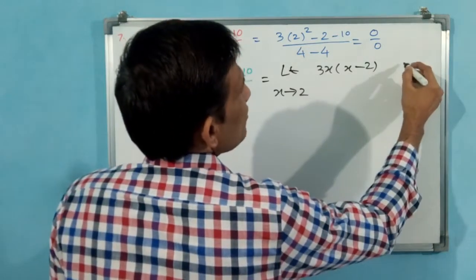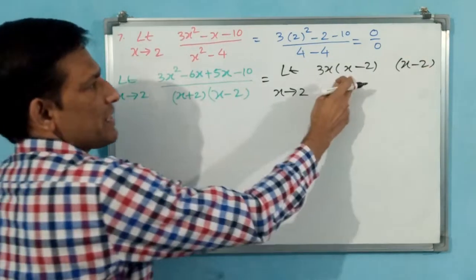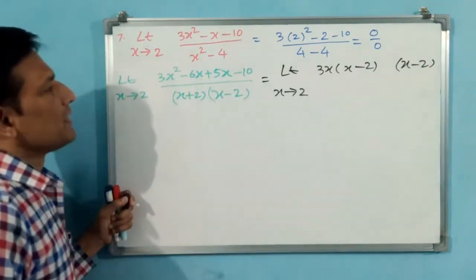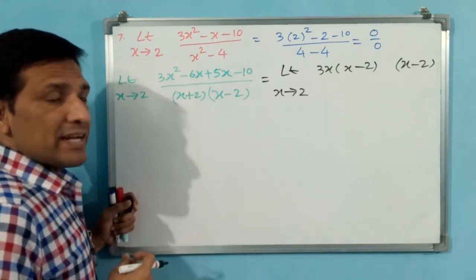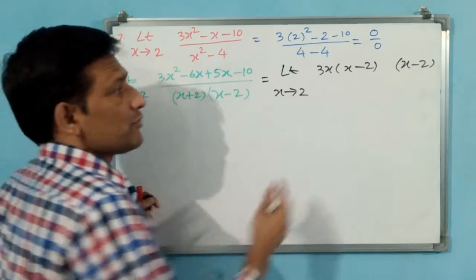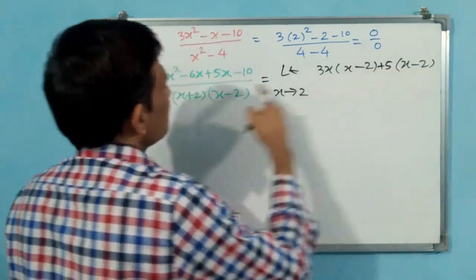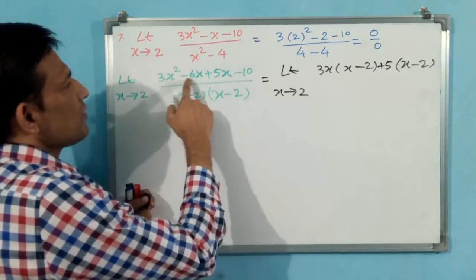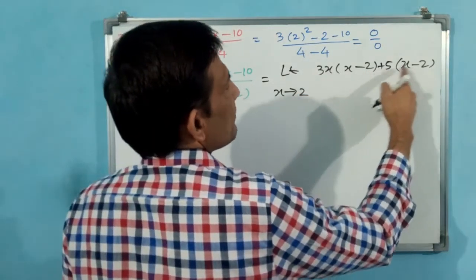Again x minus 2 we have to take common. Here plus 5x minus 10 has to come, so you take plus 5: 3x square minus 6x plus 5x minus 10.